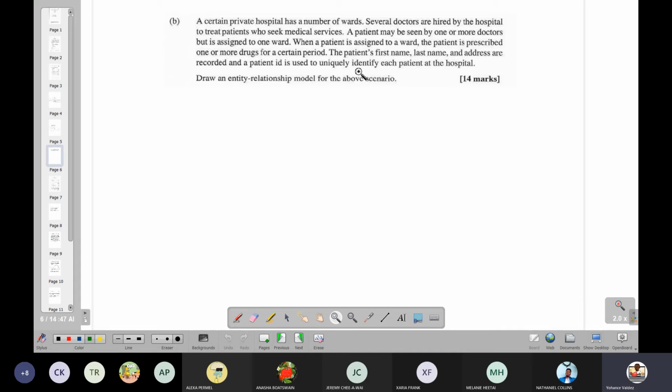The patient's first name, last name, and address are recorded, and a patient ID is used to uniquely identify each patient at the hospital. So we want to draw an entity relationship diagram for the scenario. The first thing to do is that we need to identify what are our entities.